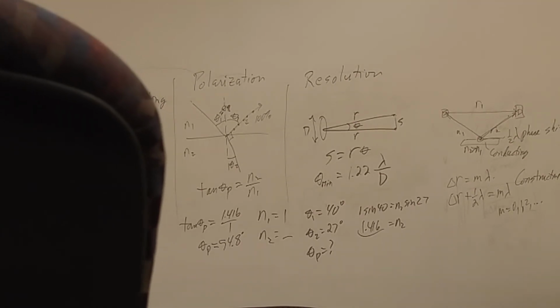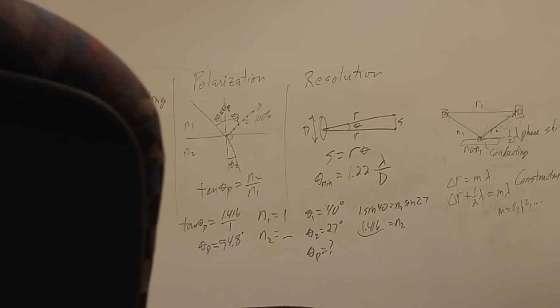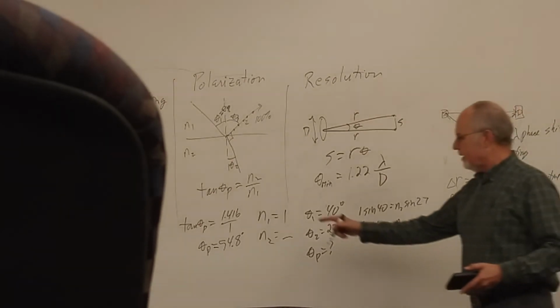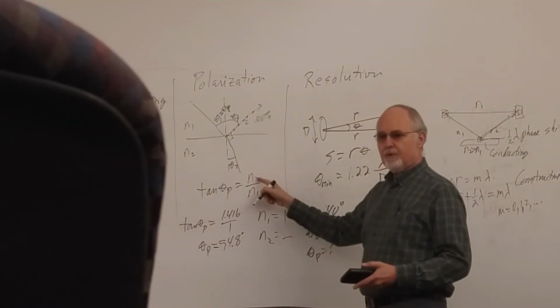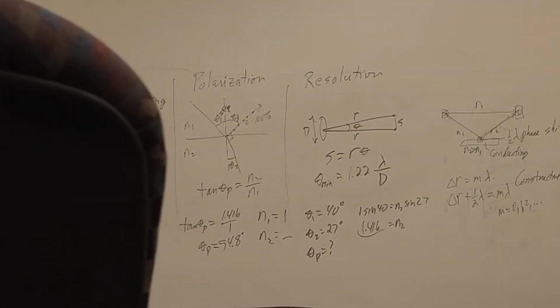Or it might say the polarizing angle is whatever, 60 degrees. So if you're going from air to this other material, and the angle in air is the 40, what's the angle in the other material? So I could use this to find the N2, and then knowing N2 and N1 and the theta 1, you go back to Snell's law to find the theta 2.